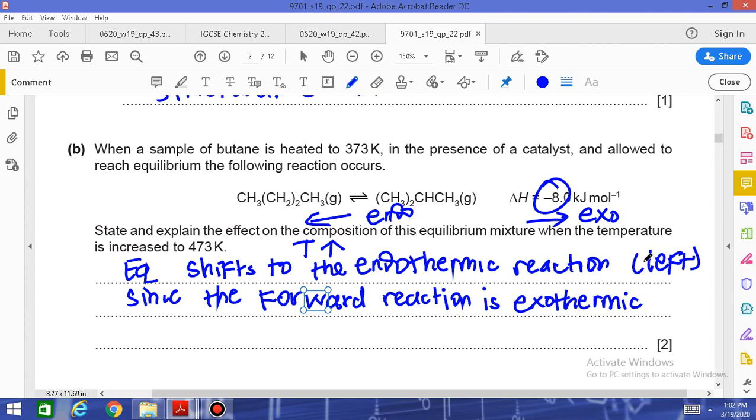Shifts to the left, so more reactant will be produced. So more butane will be produced.